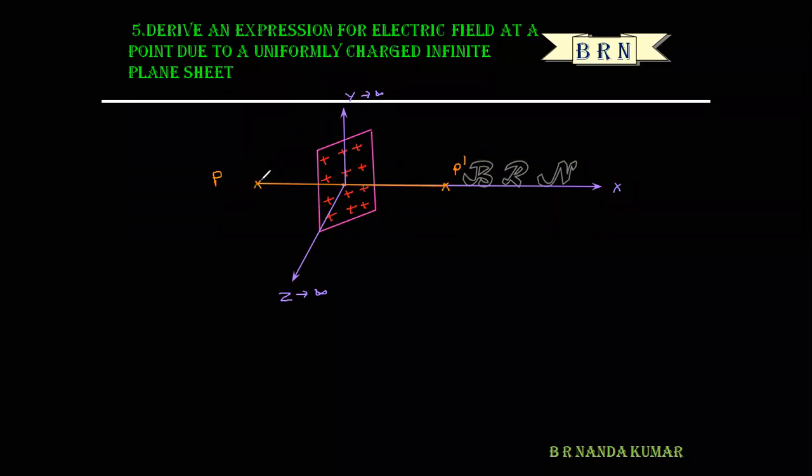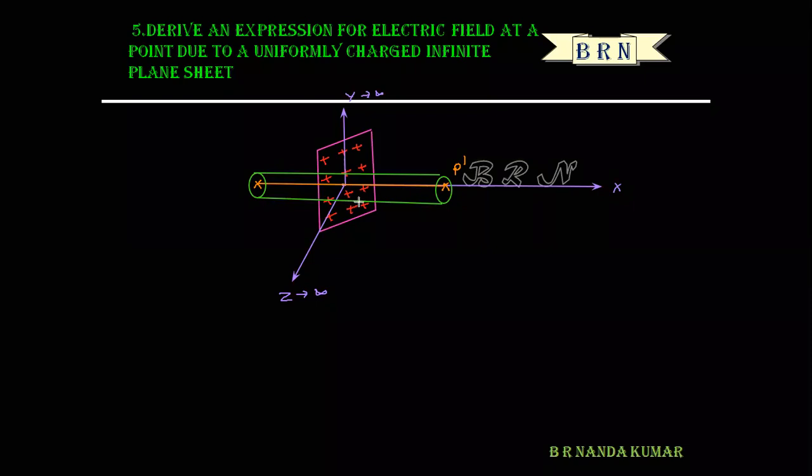This is the point P. Now we choose the imaginary Gaussian cylinder, taking P and P dash as its axis, having a uniform cross-sectional area. So that is A.